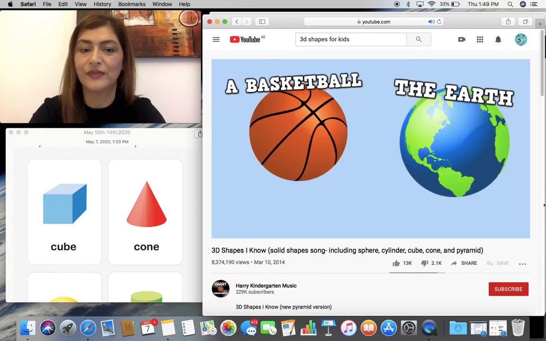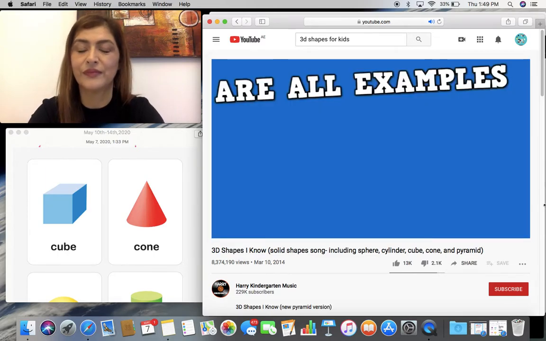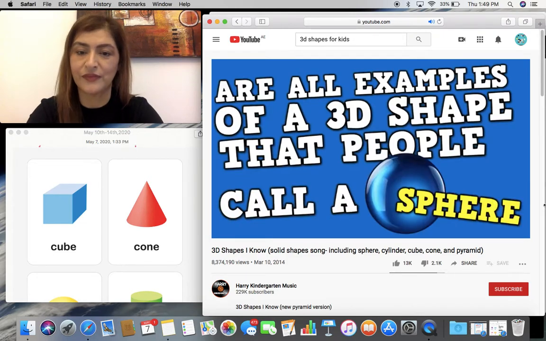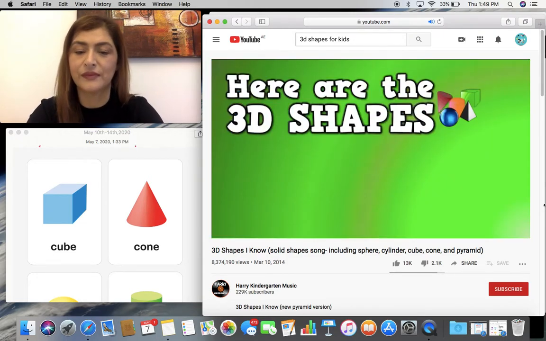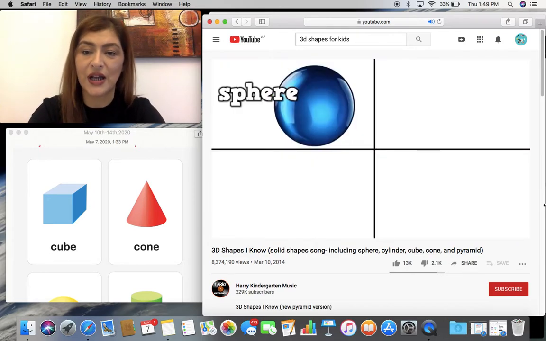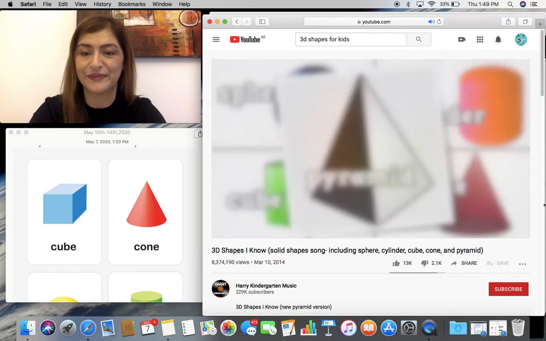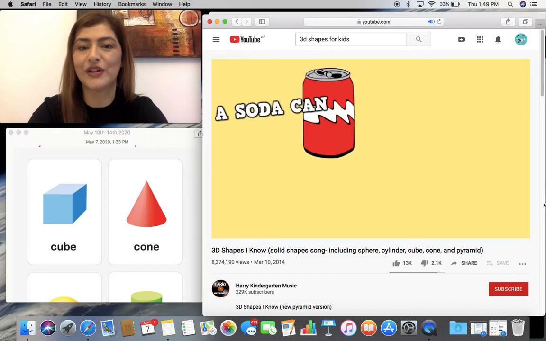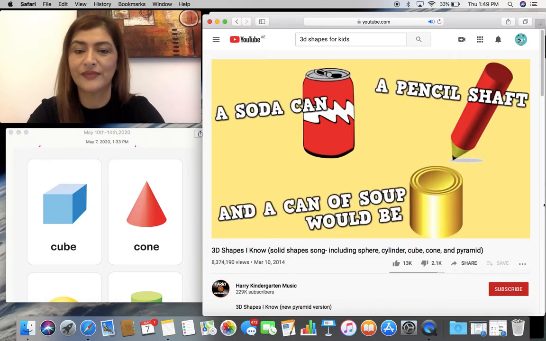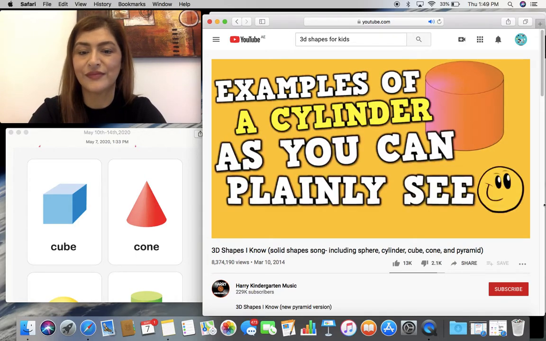A basketball, the earth, and marbles I have here are all examples of a 3D shape that people call a sphere. Now, cylinder. A soda can, a pencil shaft, and a can of soup would be examples of a cylinder, as you can plainly see.